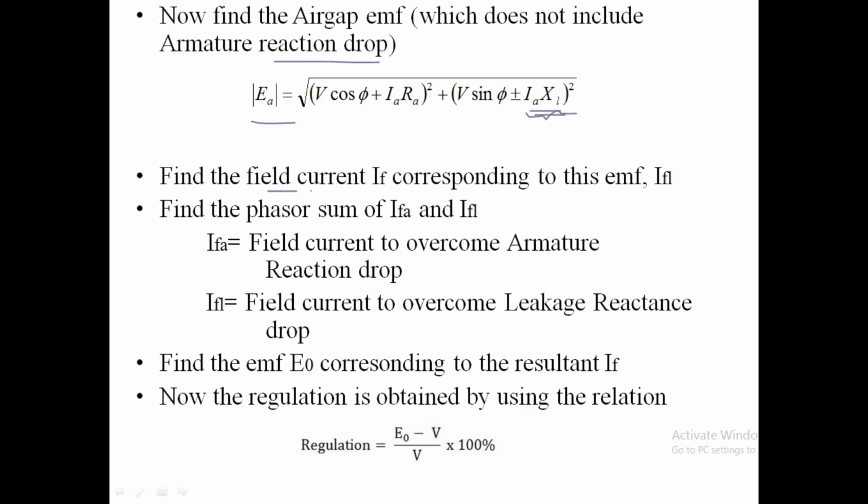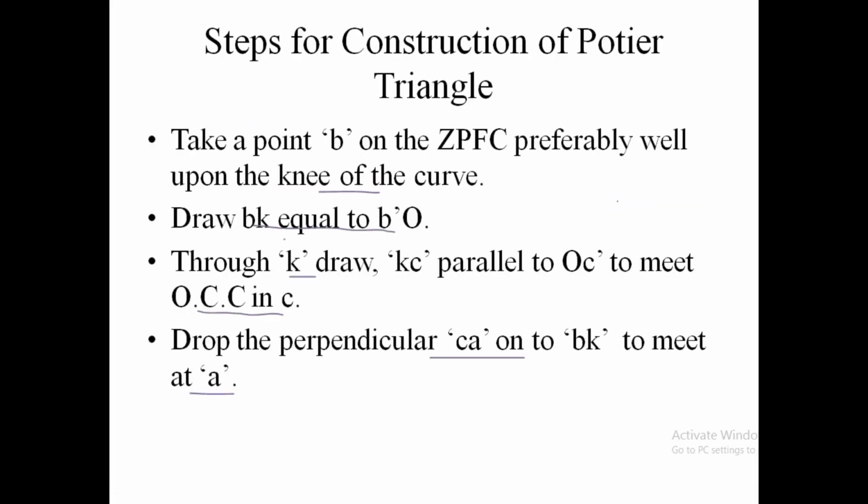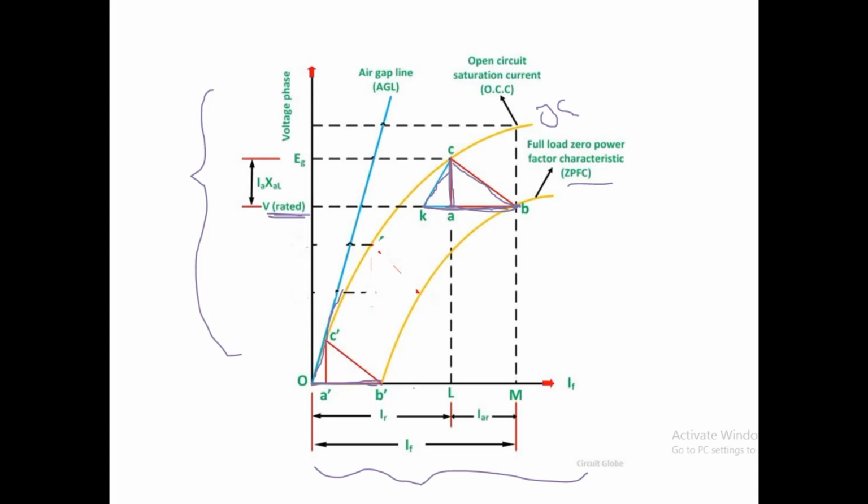Now find the field current IFL corresponding to this EMF. You will get a value for the air gap EMF Ea, and corresponding to that EMF Ea, you find the field current from the OCC, not from here.